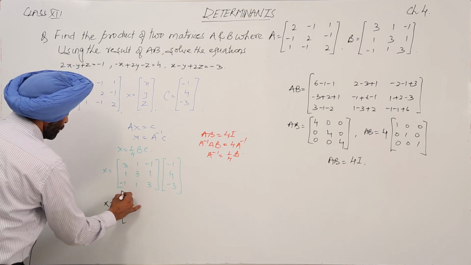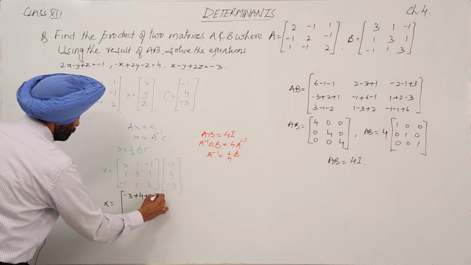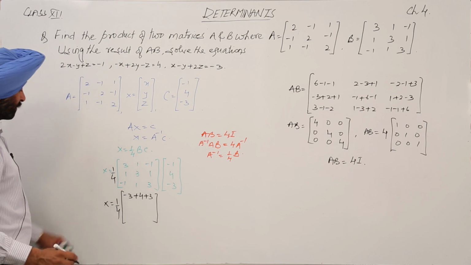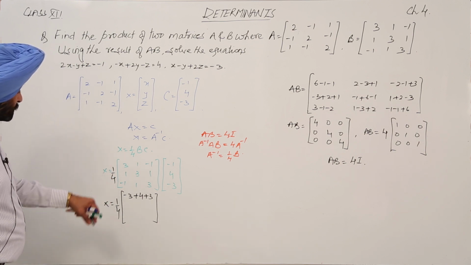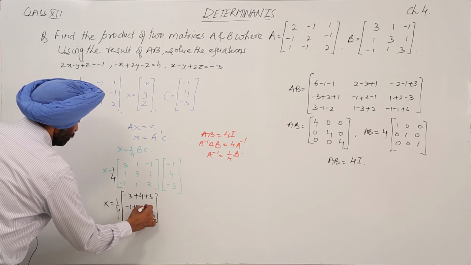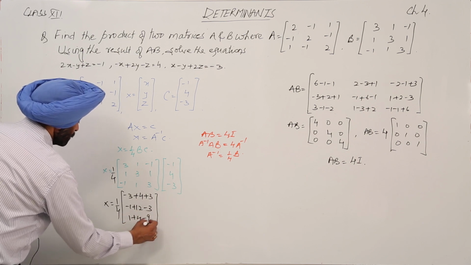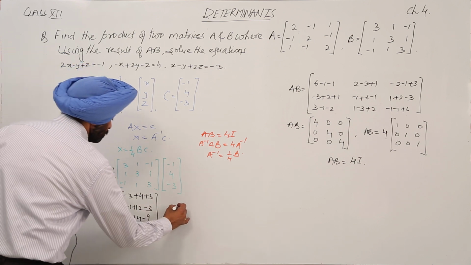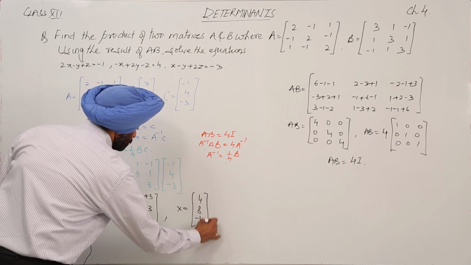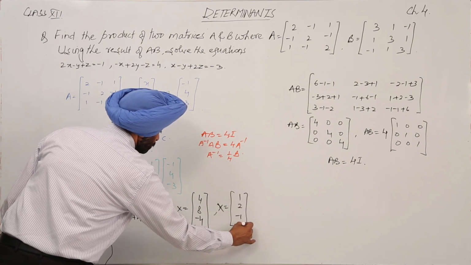Multiplying, we are having minus 3 plus 4 plus 3, then minus 1 plus 12 minus 3, and then 1 plus 4 minus 9. Okay, so X is equal to 1 by 4 times 4, 8, minus 4. So X is equal to 1, 2, minus 1.